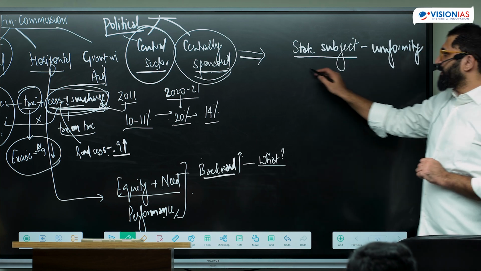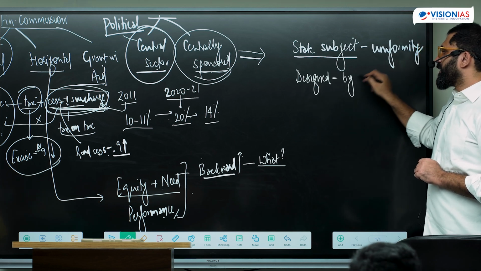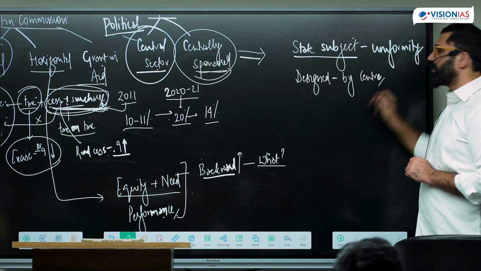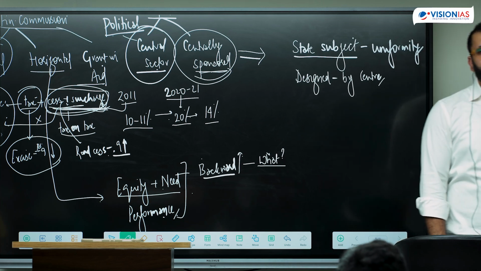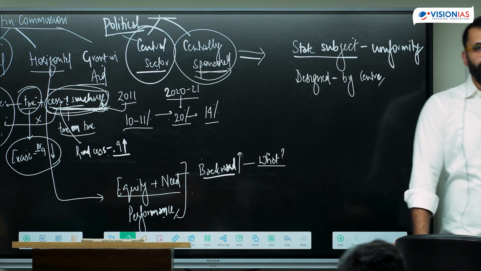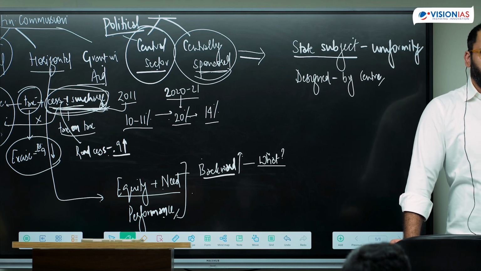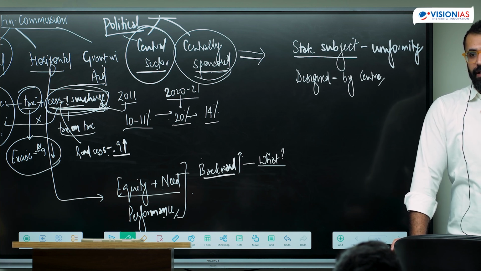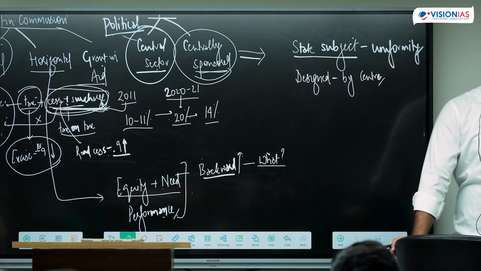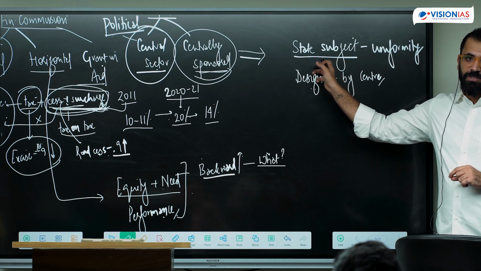But the problem is that the scheme is completely designed by the center and has all the logos and the name of the scheme, which indicate the role of the central government. Most centrally sponsored schemes carry the Prime Minister's logo. This gives political benefits to the central government and not to the states. States are not included in the design of the scheme, even though you are encroaching upon their subjects.